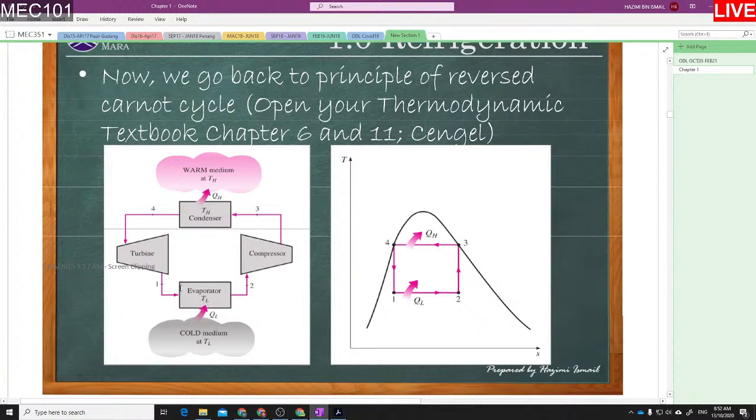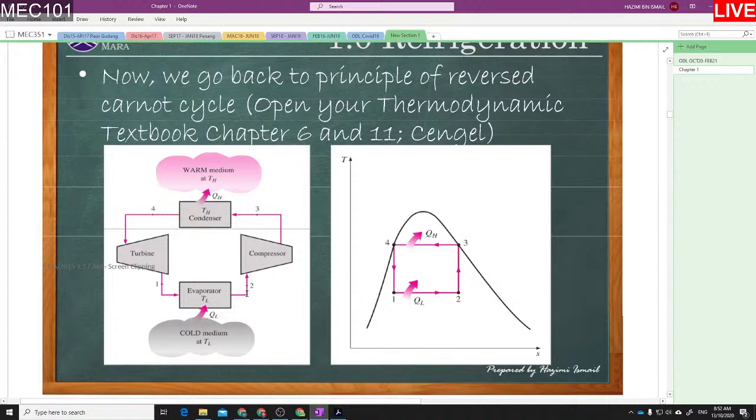The cycle which has an evaporator, compressor, condenser, and turbine, because this is the Carnot cycle, the basic Carnot cycle. Okay, so for the refrigeration purpose, they reverse the direction.